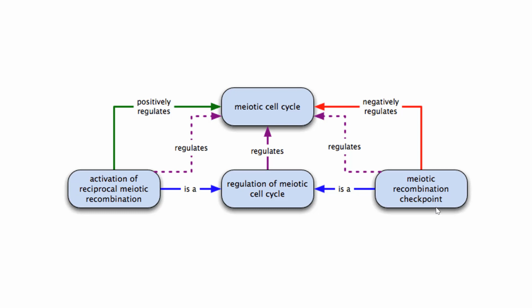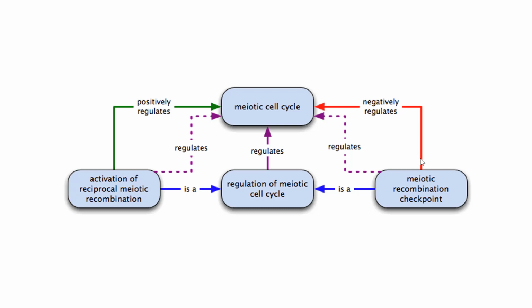And so if that recombination did not happen, that is, those homologous chromosomes are not physically attached together, this will, you can see this here, negatively regulate. It will actually shut meiosis down. It will not allow that process to finish.